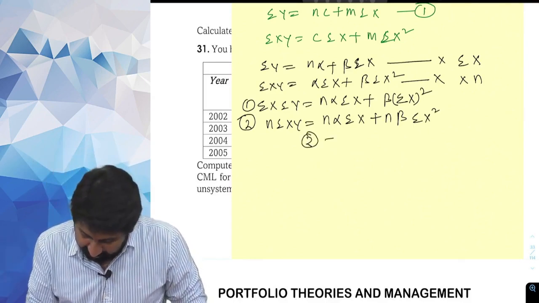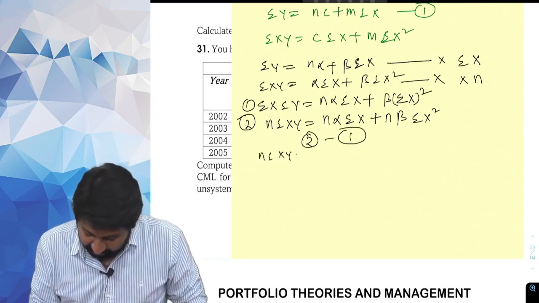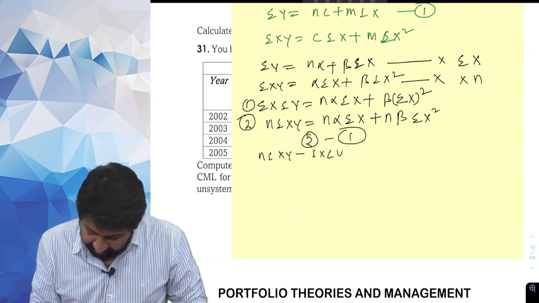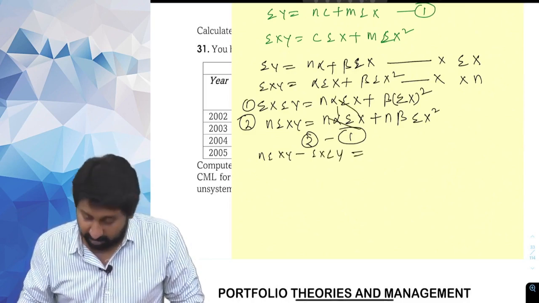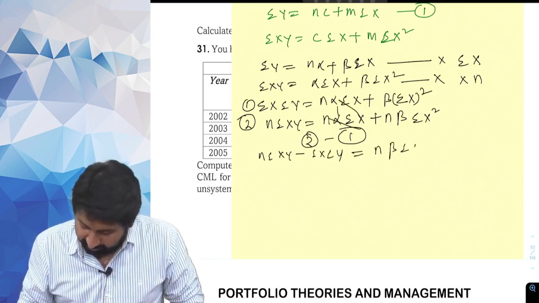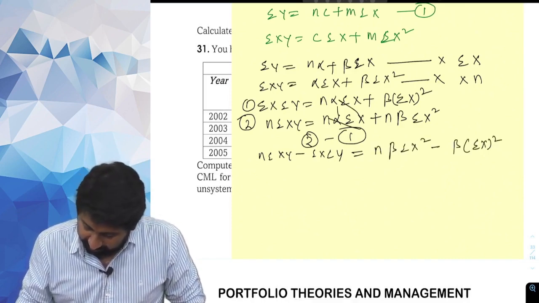So 2 minus 1. Then n sigma xy minus sigma x sigma y equals, and the n alpha sigma x terms cancel each other, n beta sigma x square minus beta sigma x the whole square.